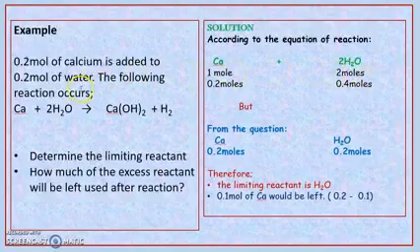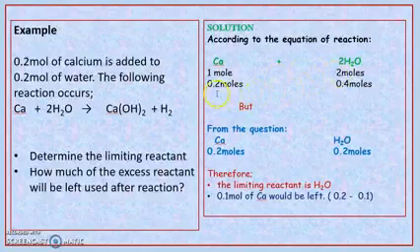But what we were given is 0.2 mole of calcium and 0.2 mole of water. The standard ratio of calcium to water is 1:2. So for 1 mole of calcium, we need 2 moles of water.